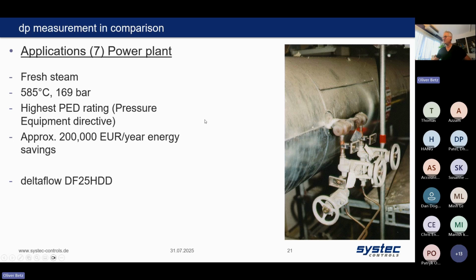Interesting here, this was a replacement of the Venturi, and the annual cost savings are approximately 200,000 euro per year. This is quite a number, just by energy savings of the pressure drop. And the Venturi already have a low pressure loss, but the Delta Flow are even lower. So they are saving 200,000 euros a year here.